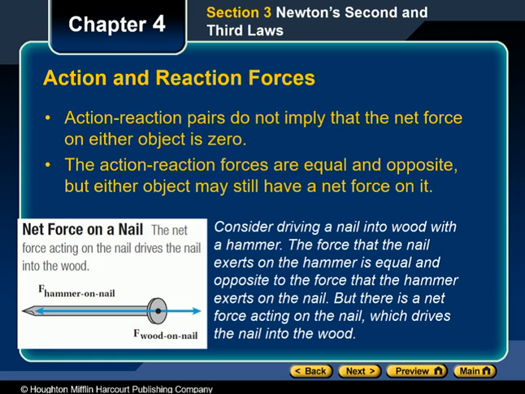Field forces also exist in pairs. Newton's third law also applies to field forces. For example, consider the gravitational force exerted by Earth on an object. During calibration at a crash test site, engineers calibrate the sensors in the heads of crash test dummies by removing the heads and dropping them from a known height.